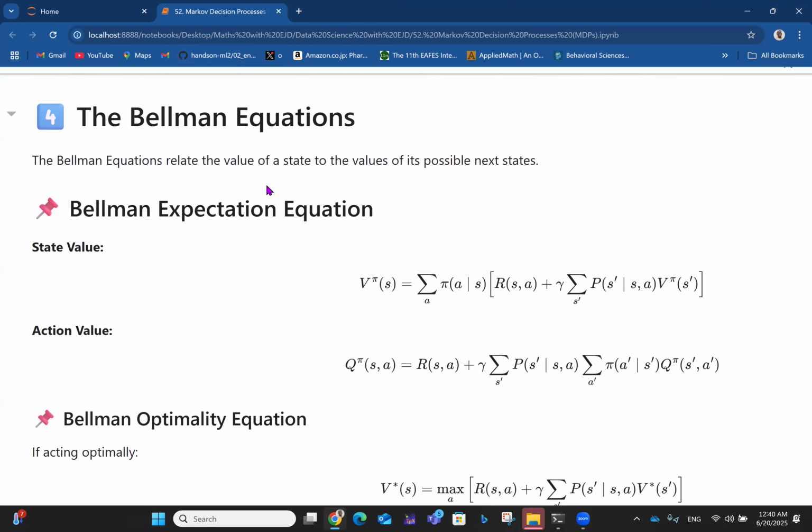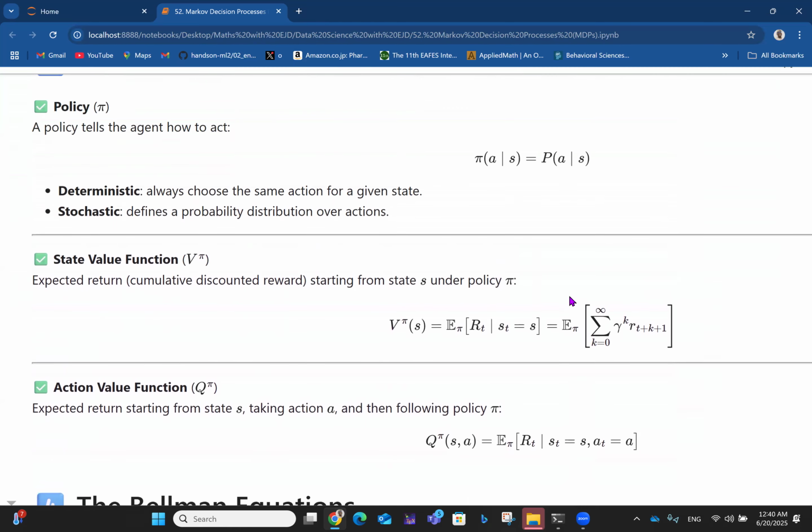Then we talk about the Bellman equations. The Bellman equations relate the value of a state to the values of its possible next states. So you have the state value, v pi of S, which is the summation over all the possible actions of pi of A given S, multiplied by the reward of S comma A plus gamma.